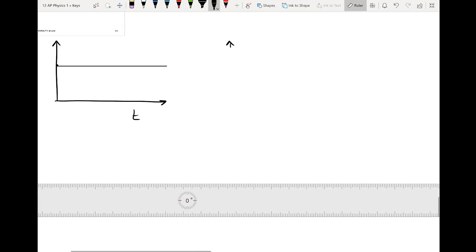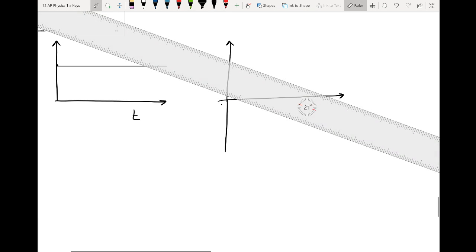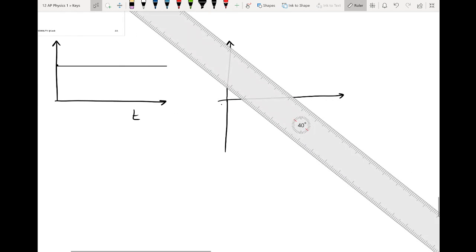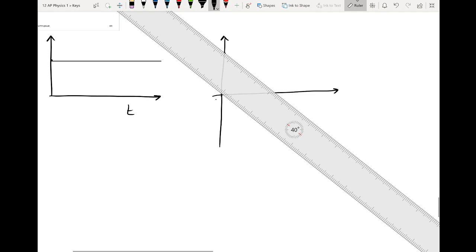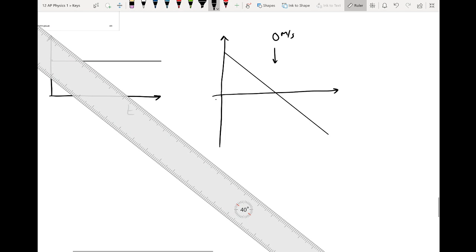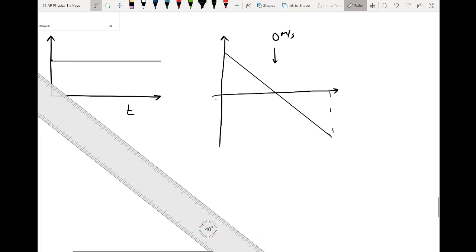For vertical velocity versus time, this is a little bit of a different story. It's going to start off with some sort of positive vertical velocity, and then it's going to reach the very top point where it has a velocity of 0 meters per second in that y direction, and then it'll turn around and have a negative vertical velocity for an equal amount of time. So we know these are going to be equally spaced out.